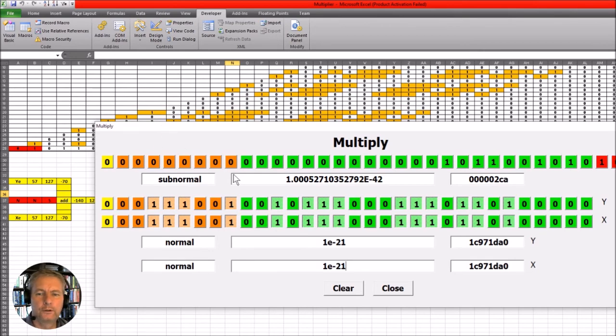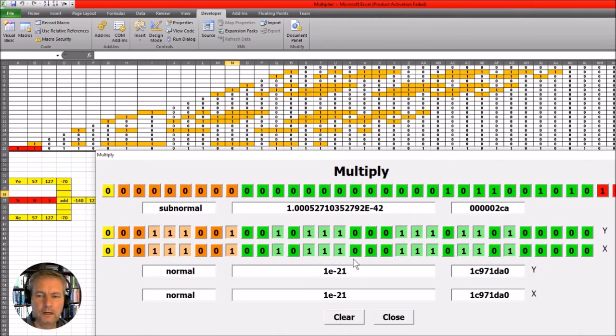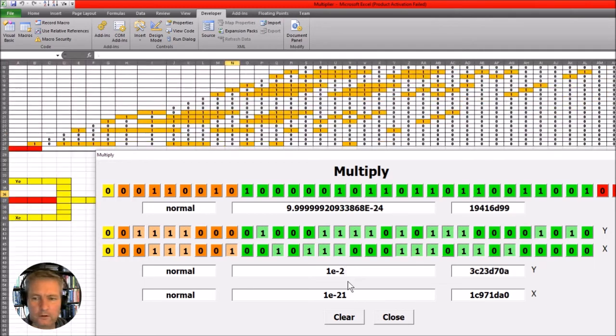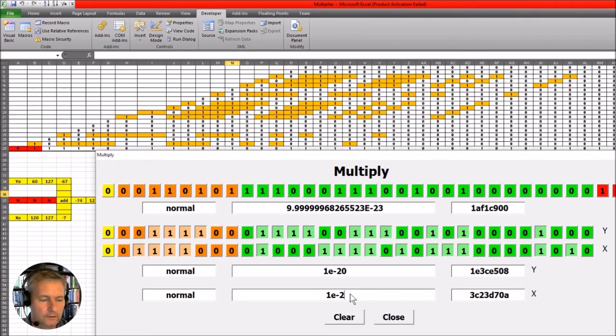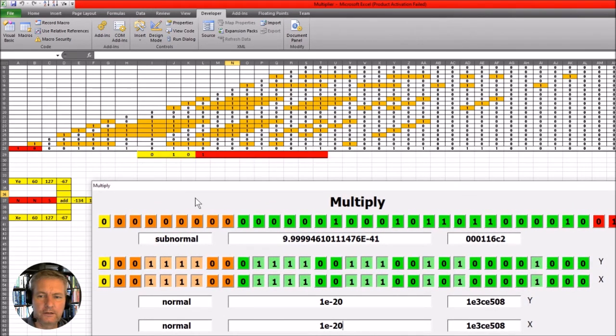If we were to look at the possibility of having a 1 and a 0 here, then an example of that would be 1e to the minus 20. So if we change this to 1e to the minus 20, you see here we've now got a 1 and a 0. In this case, the correct answer is going to have 1, 2, 3, 4, 5, 6 zeros. So that's 6 leading zeros, and we're going to have a 1 and a 0 here.